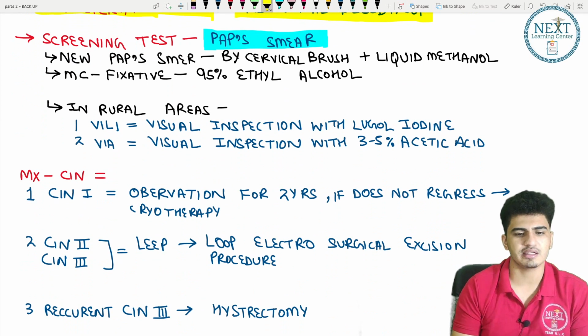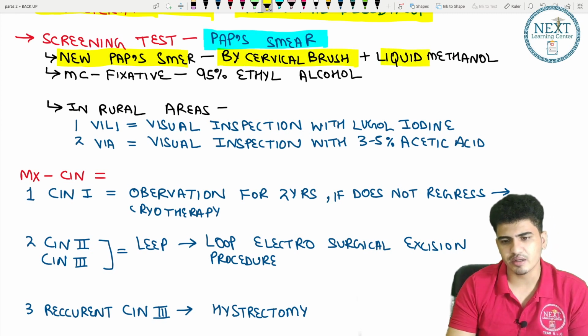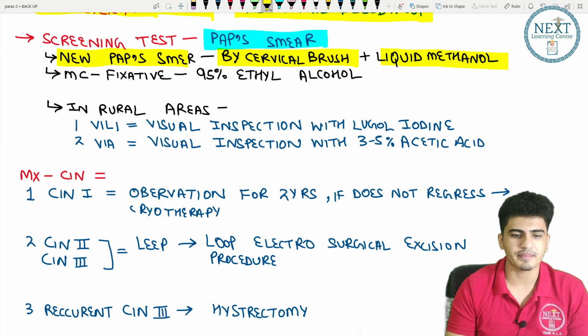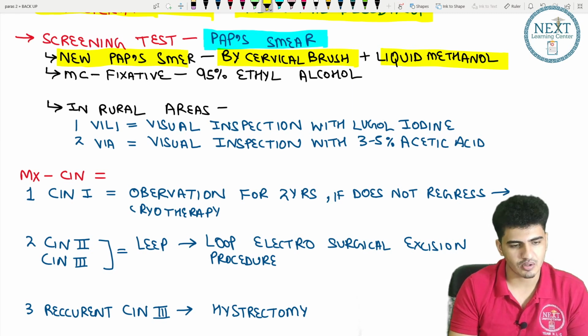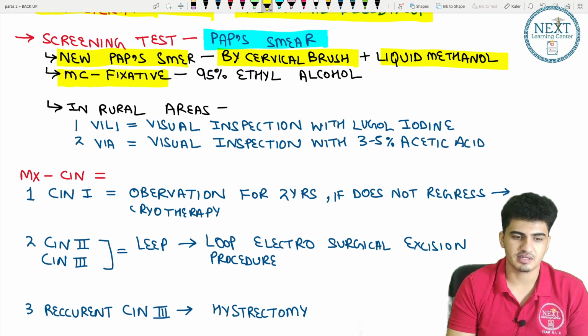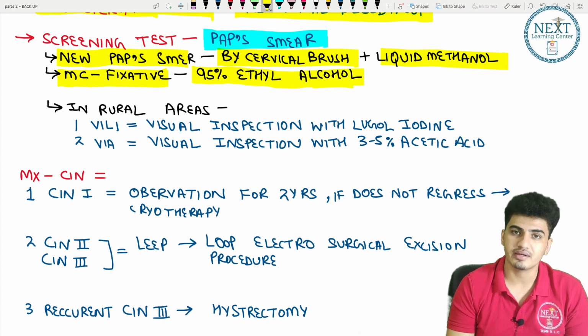Screening test is pap smear. The new pap smear is by cervical brush plus liquid methanol. Most common fixative is 95% ethyl alcohol.